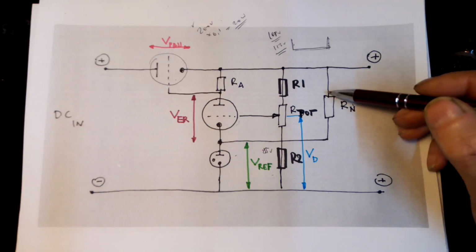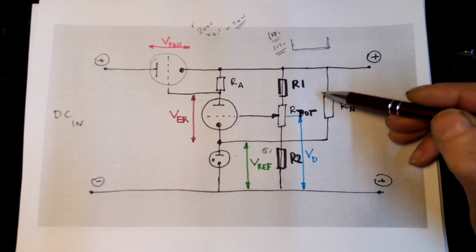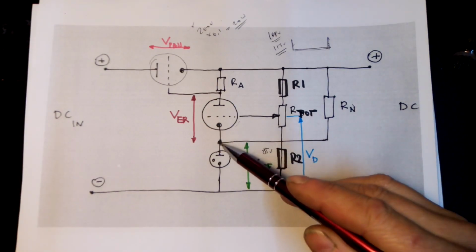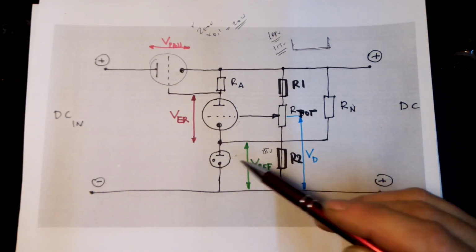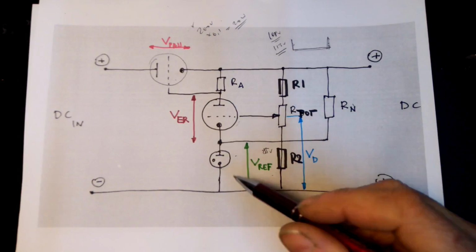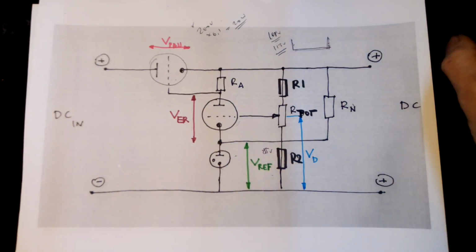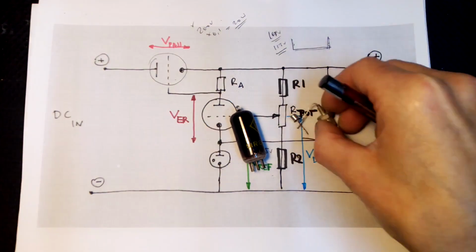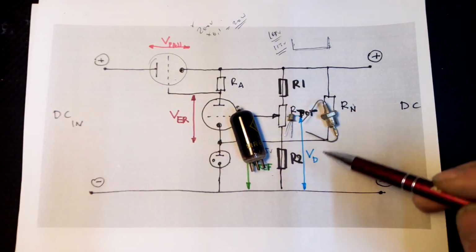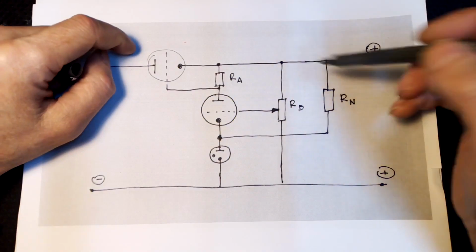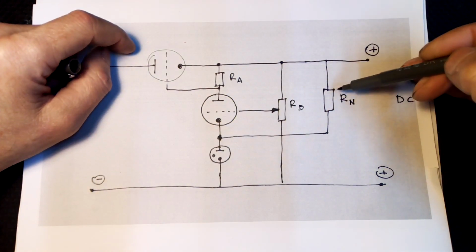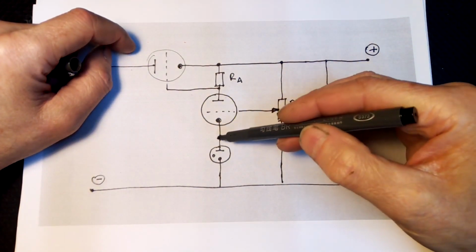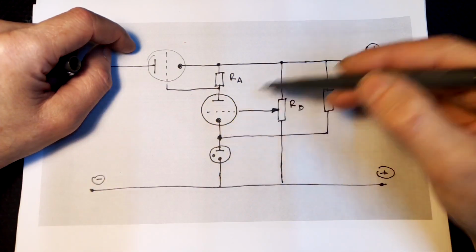We have to calculate this resistor, which limits the current going through the voltage reference source. No matter whether it will be this or that, we have to calculate it. Like I said, this resistor limits the current going through the voltage reference source.